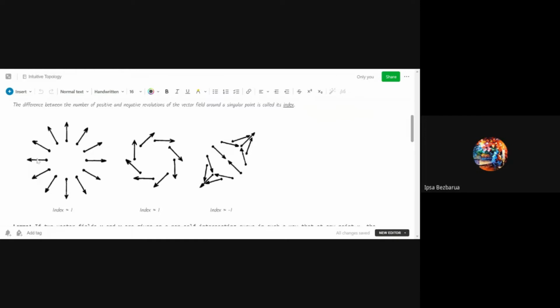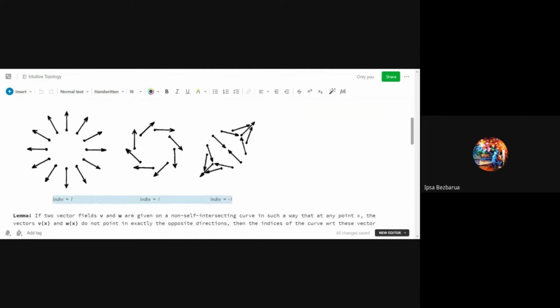The angle made by the vector with the imaginary x-axis, which I assume to be somewhere over here, is increasing. And the vector field completes one revolution around the singular point. There are no negative revolutions. So I can say that the index of this singular point is 1 because it's positive and there is one full revolution when going around the singular point.